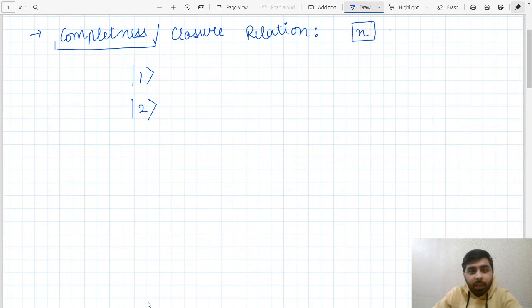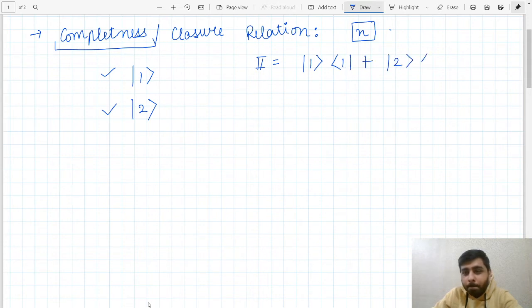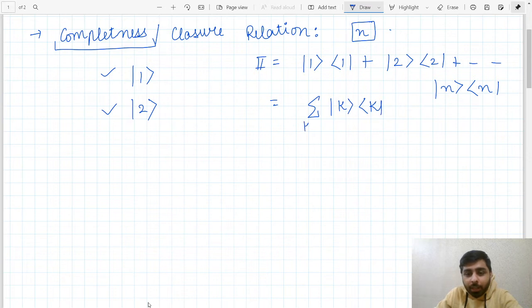If the basis has been made orthonormal, I can write the identity operator using that basis like this. Since there are n dimensions, there will be n basis vectors. So in a nutshell, we can write the sum of |k><k|, with k going from 1 to n.